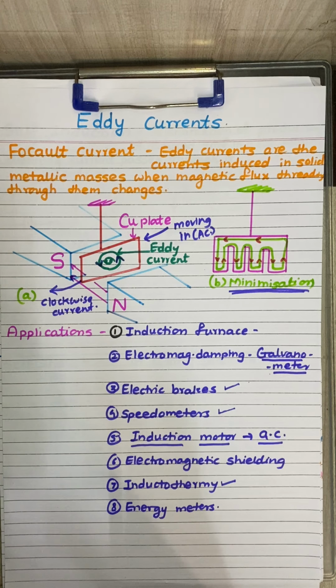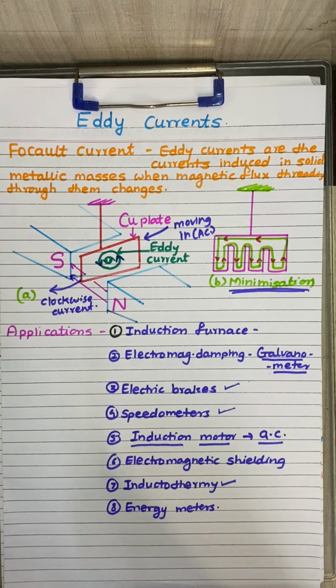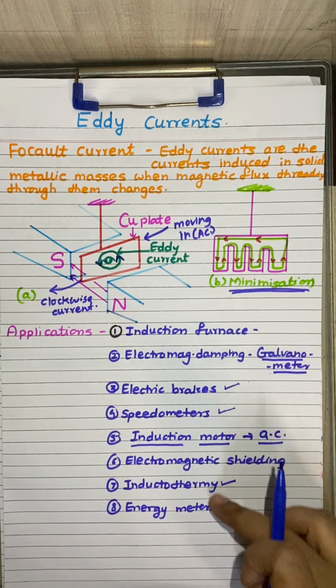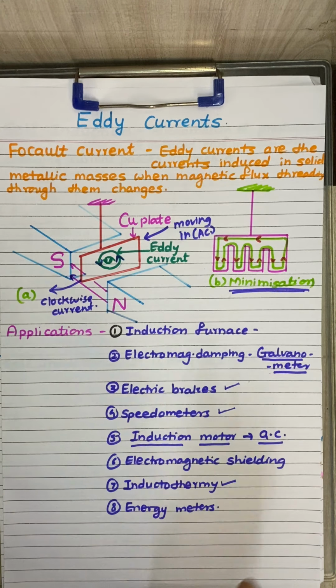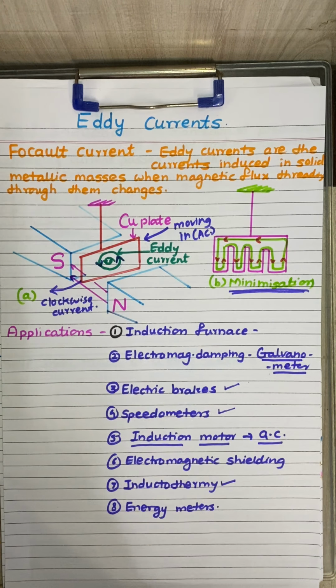That ring or plate is made of aluminum, and that aluminum plate in the energy meter continuously rotates due to the eddy currents generated inside it. So these are some of the applications of eddy currents. Somewhere eddy currents are useful, and somewhere eddy currents are considered disadvantageous.